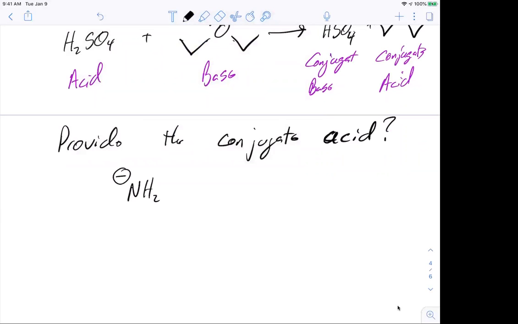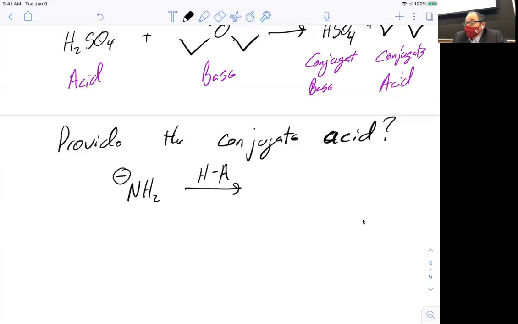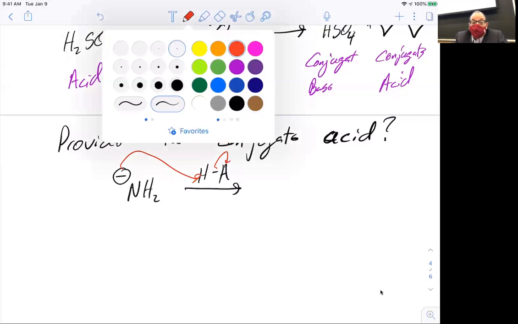Okay, so what would be the conjugate acid of this base? If this reacted with a generic acid, that's going to be my conjugate base.